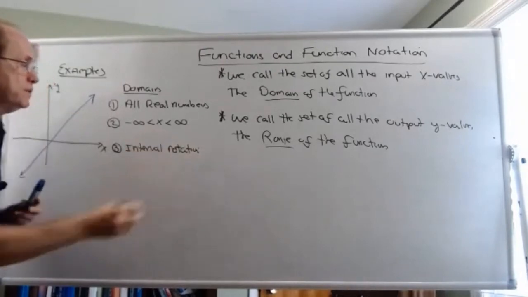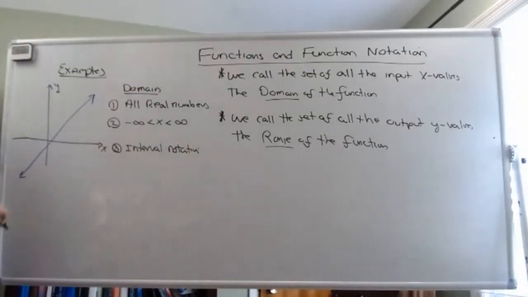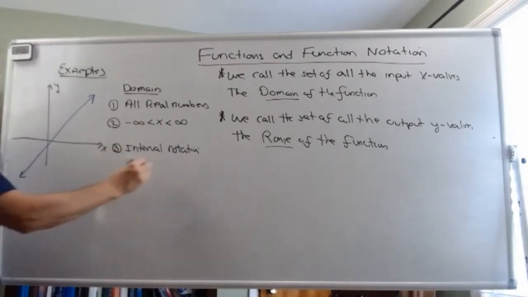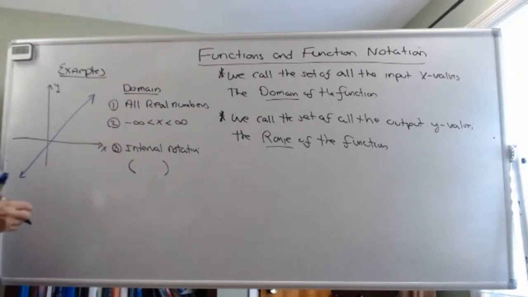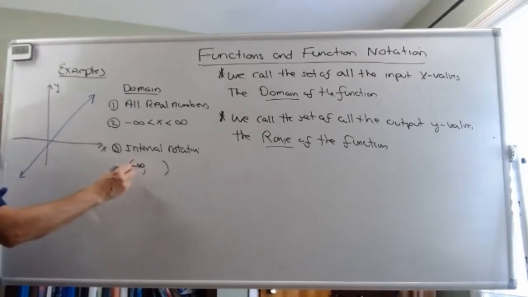Now this is where it gets a little confusing, because with interval notation it looks like the coordinates of a point. Interval notation looks like this. These parentheses do not mean the coordinate values of a point. They mean an interval on this number line, and this goes from minus infinity.